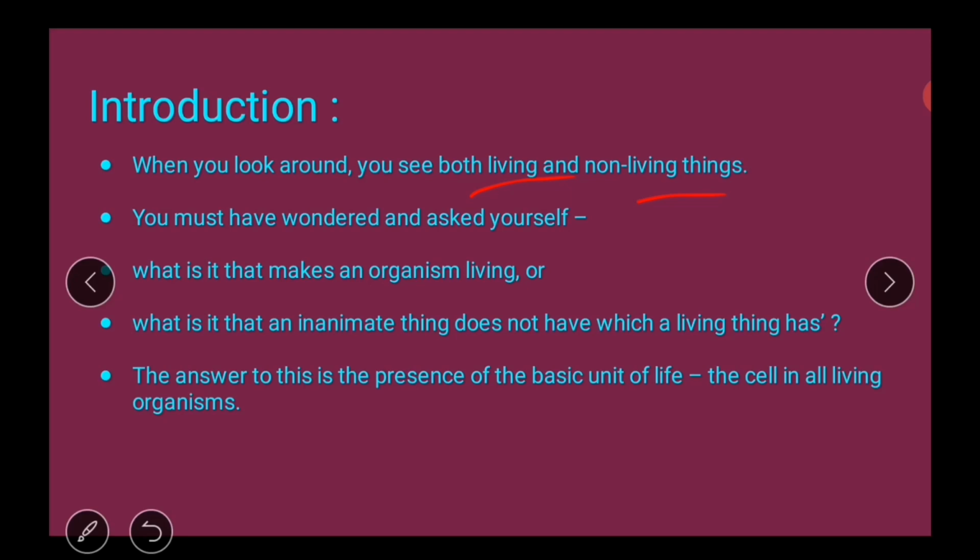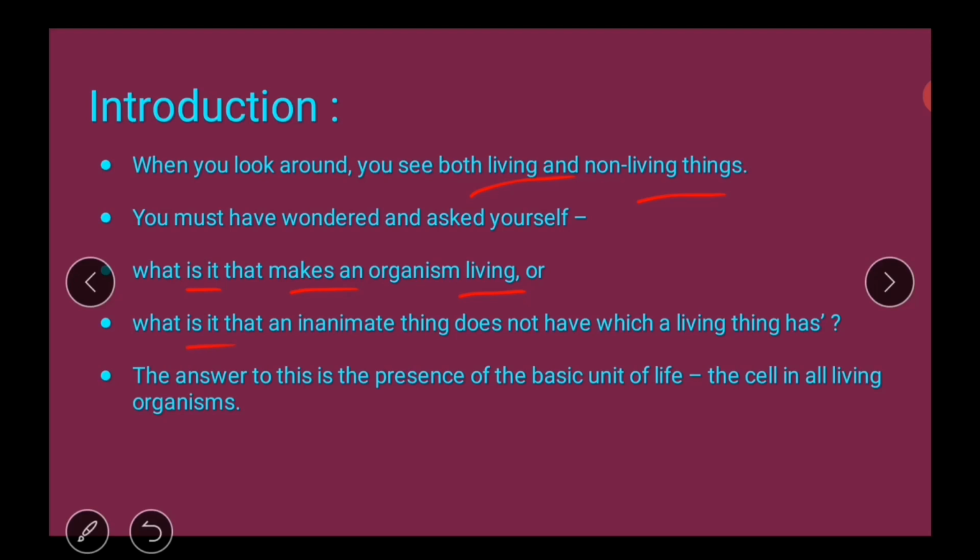Now, after looking around at both these living and non-living things, you must have wondered and asked yourself, what is it that makes an organism living? What is it that a living organism has that makes it a living thing? You may ask this question in a different way.